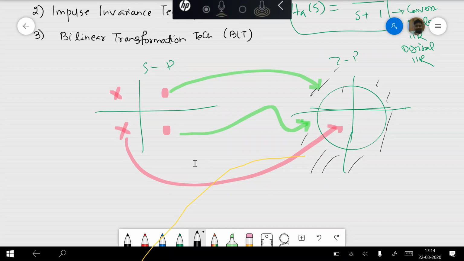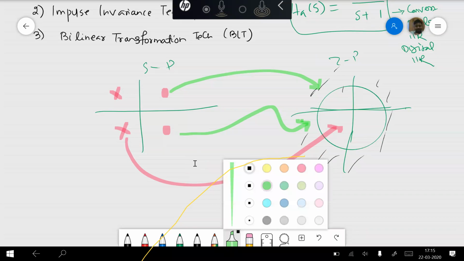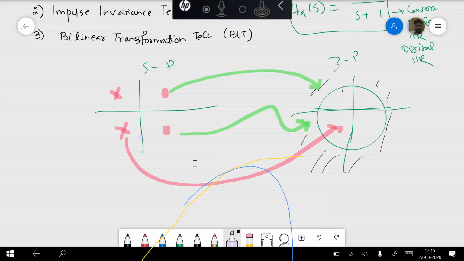So let's take the third part. Suppose there are certain poles present on this axis, that is the j omega axis.